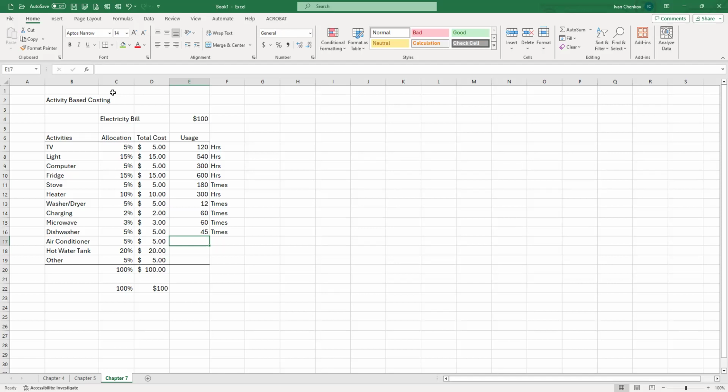Air conditioner, that will be based on hours. Let's say you're running 4 hours times 60 days, that will be 240 hours. The hot water tank, how many times you're charging it, right?